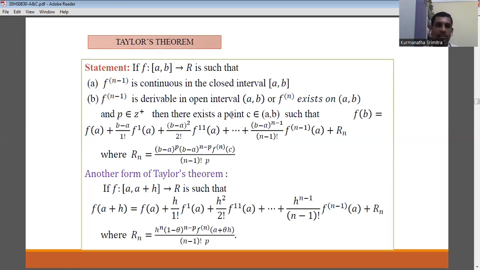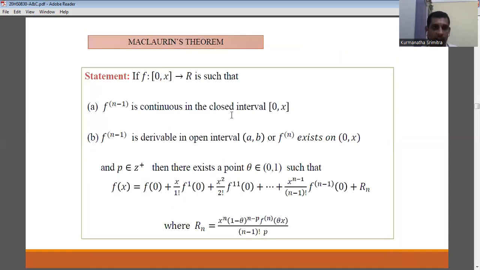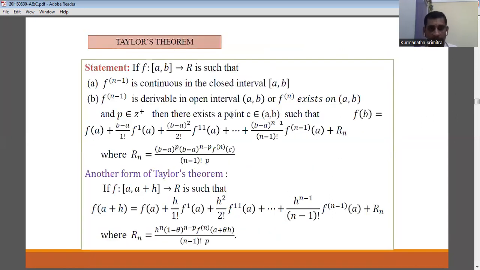There are also generalized mean value theorems, that is Taylor's theorem and Maclaurin's theorem. They are extensions of these theorems.